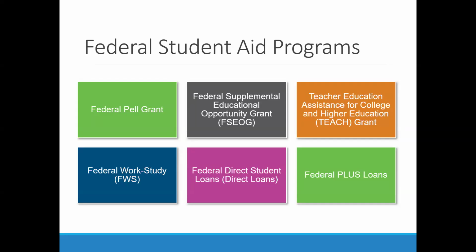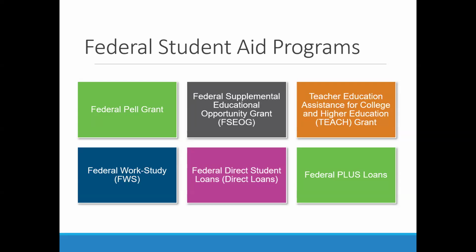The Teach Grant is going to be for students looking to go into education and to teach after they finish their degree. This is a grant, but could turn into an unsubsidized loan if the student doesn't meet all of the requirements before and after graduation. There is a component for teaching so many years in a need-based school.